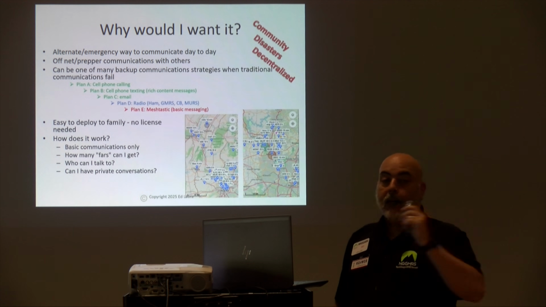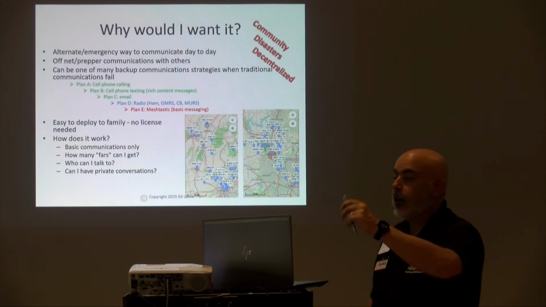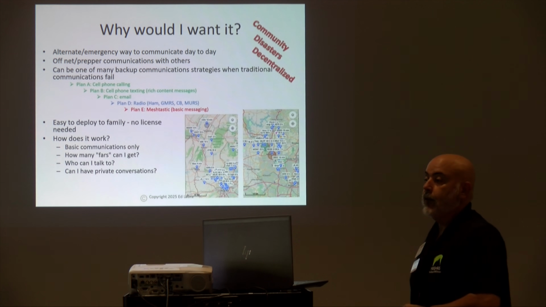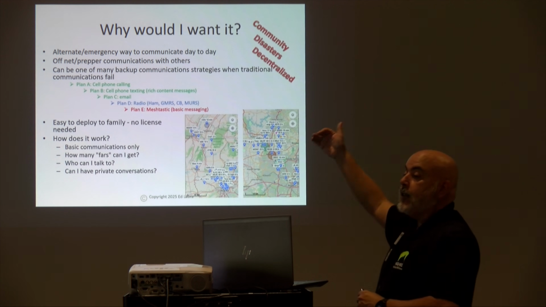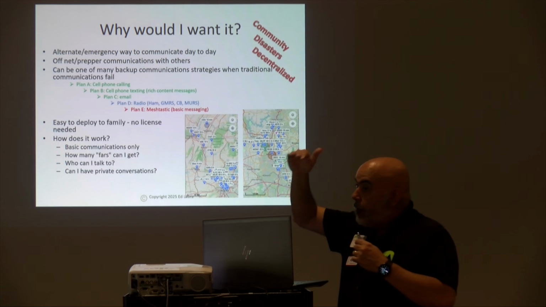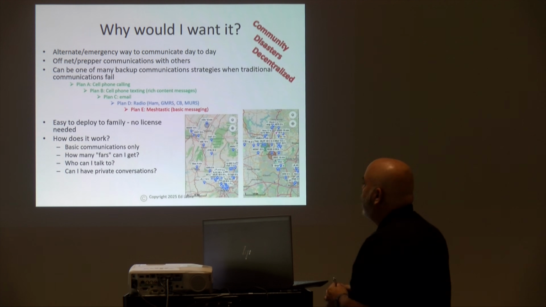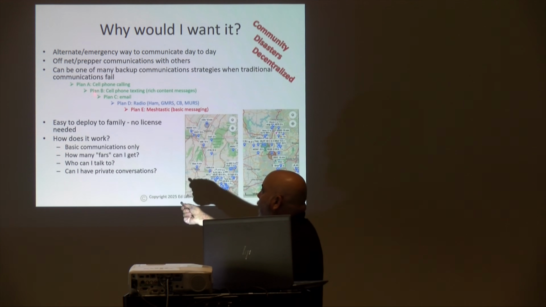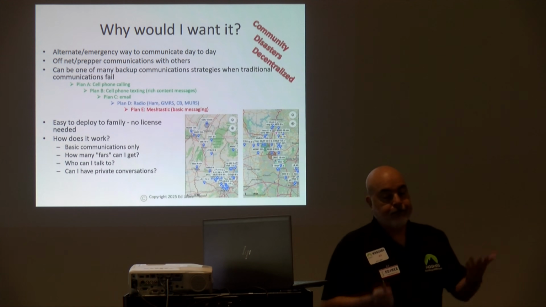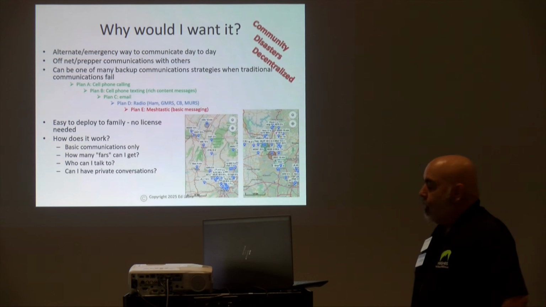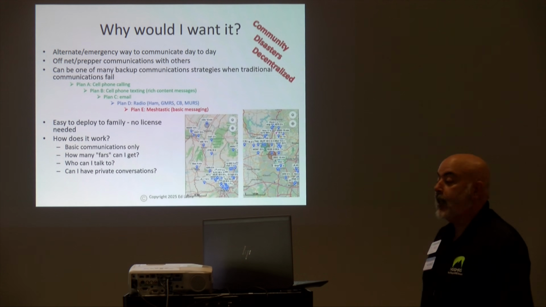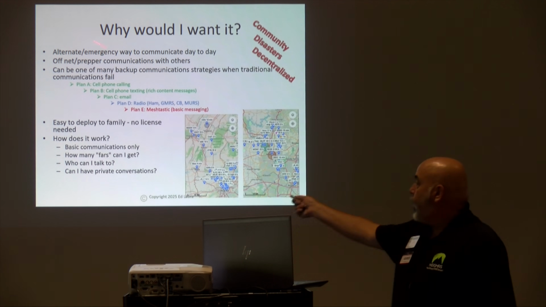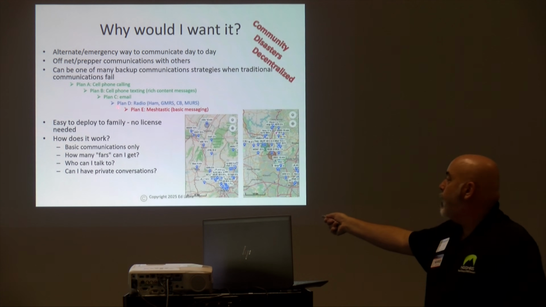If not, I'll bounce my message off 1, 2, 3, or 4 other nodes and get it to you. Okay? So this is my backup recovery plan and all the different layers. So my Meshtastic is not my go-to, but it is a very important part of it.